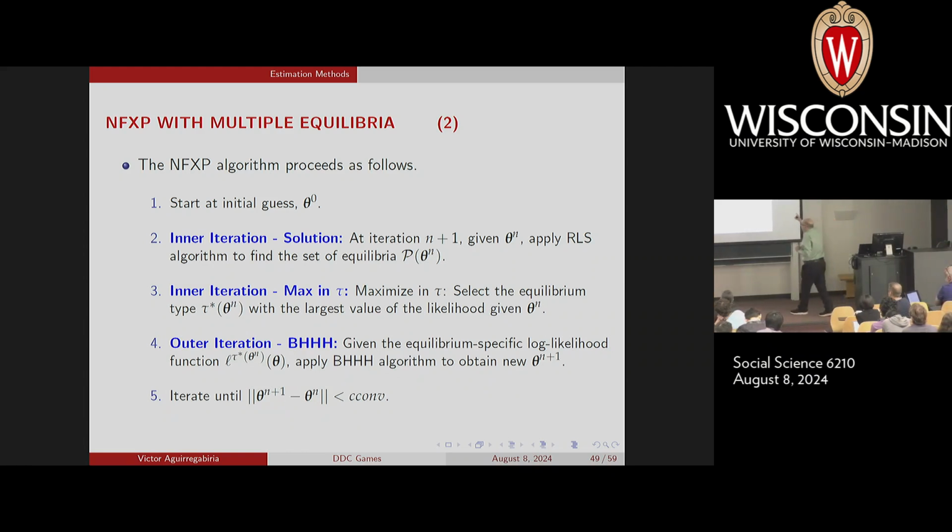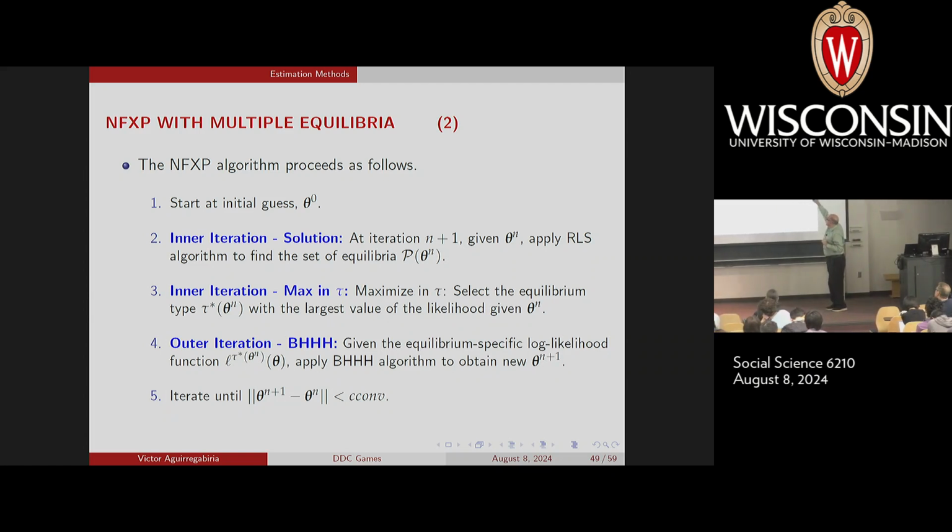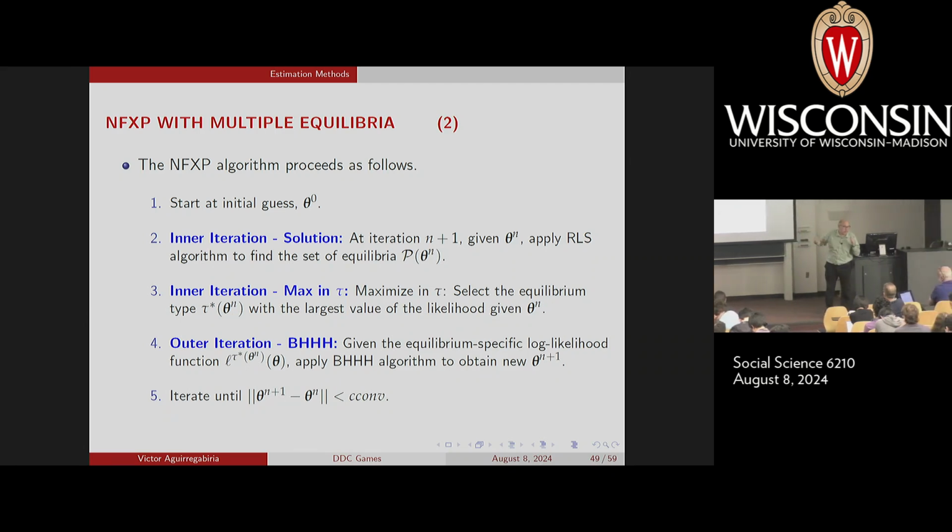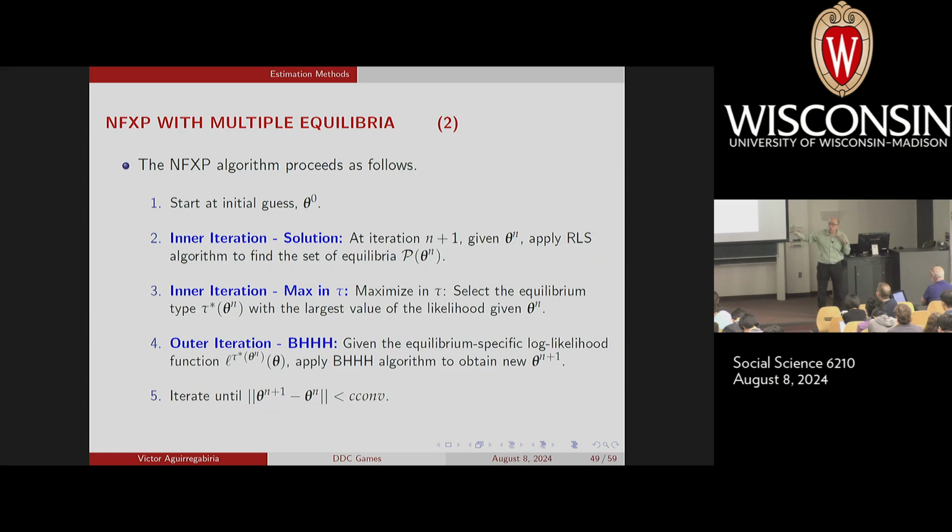The first part is the solution, where given theta n at iteration n, we use Fedor's and Bertel's algorithm to calculate all the equilibria that the model has for this vector of structural parameters. Then we get the set of equilibria, calligraphic P.